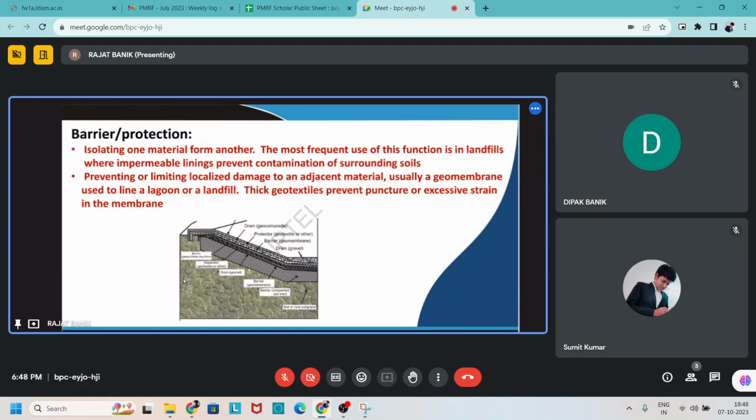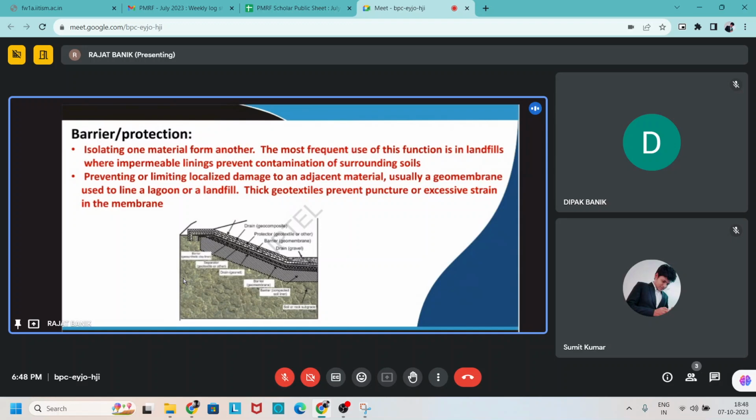So this is the geo barrier and protection function, using the material as a barrier and protector, mostly used to separate two materials. It is mostly for preventing contamination of the surrounding soil from hazardous chemicals.